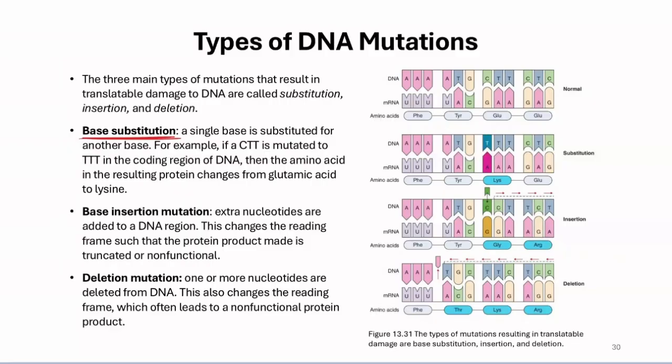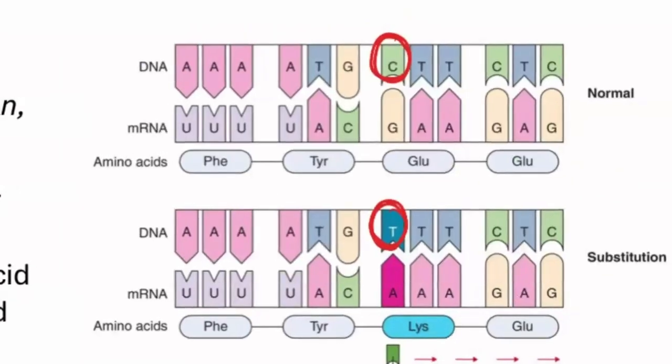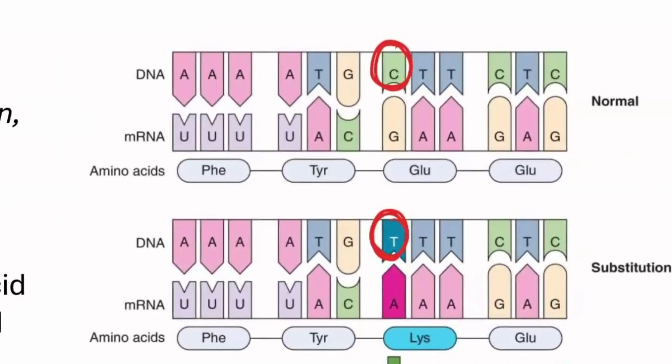In the example in 13.31, let's say that this nucleotide, C, gets substituted by a T. When we look closely at how this affects the amino acid, specifically in this instance, the substitution of this first nucleotide in a codon from C to T is going to change the amino acid, from glutamic acid to lysine, because we can observe that at the level of mRNA, the mutation creates a codon that encodes for a different amino acid.